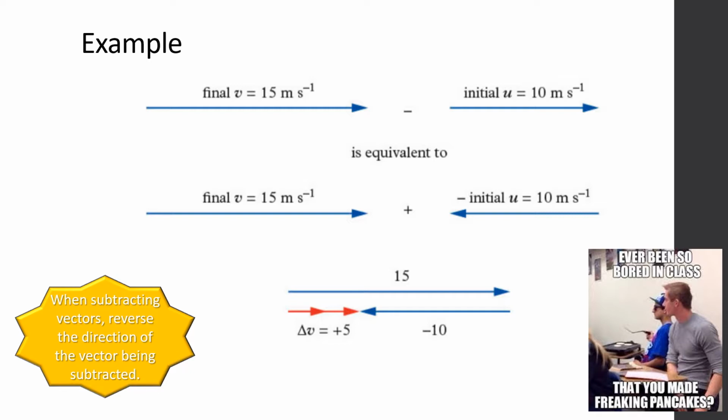So what we're doing is, the velocity we're subtracting, we're adding it, but we're putting it in the opposite direction. So when we put those two together, it's 15 plus minus 10, which gives us plus 5. And you'll see why we're doing this when we come to trying to resolve these things in a triangle rather than on a straight line. That's when it gets more complicated.